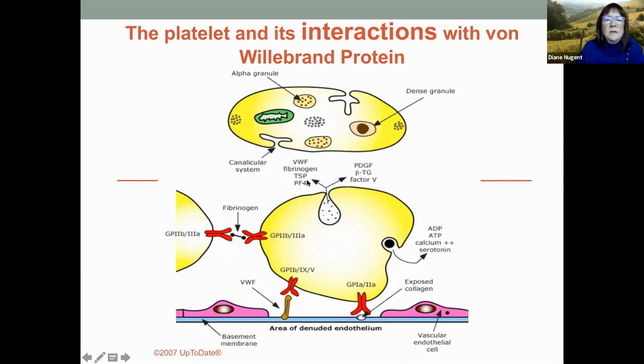And one of the first things that they do when they activate is to release these substances, all of which play an important role in making platelets stick to each other and also activating the platelets that are nearby. So as it gets activated, these are signals to the platelets that may be flying by to say, hey, come on over here. We need to plug up this hole. And in fact, that's what we call it, a platelet plug.